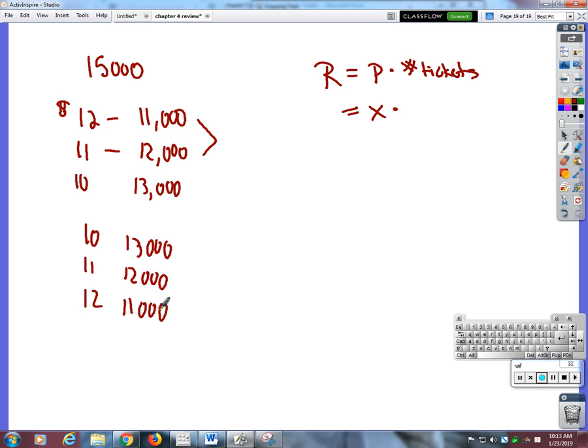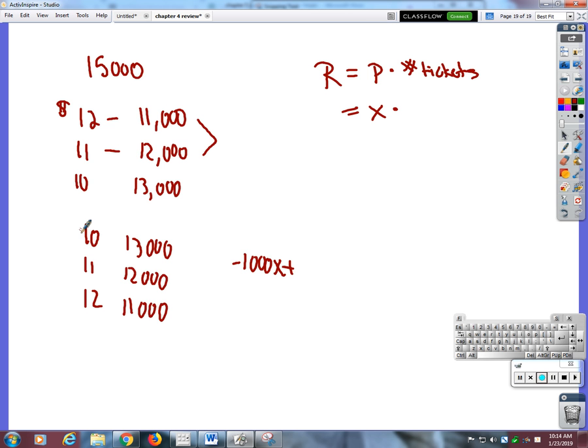I'm doing it the opposite way of how Gage read the problem. If you raise the price by $1, they sell 1,000 fewer seats. Yes? So that means the number of tickets is going to be negative 1,000x plus how many tickets would they sell if it was 0? What's the y-intercept?